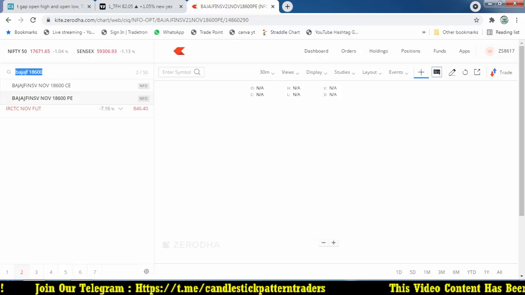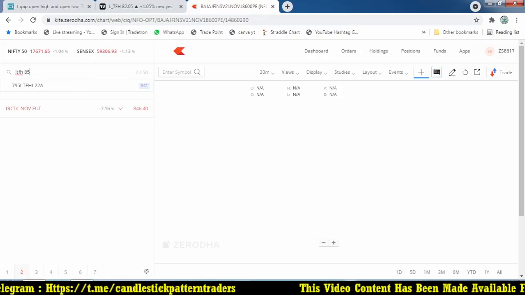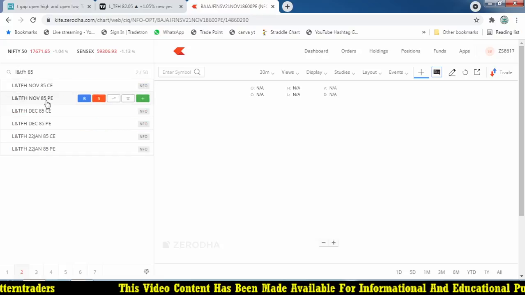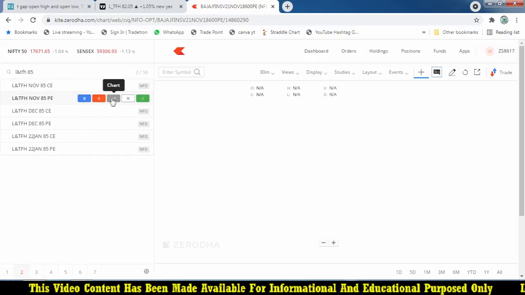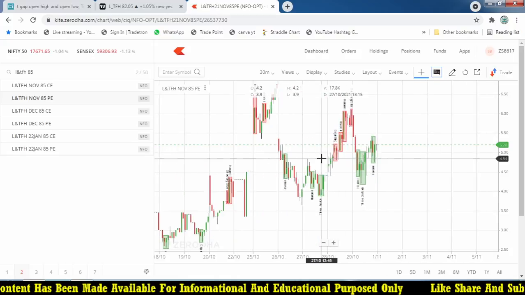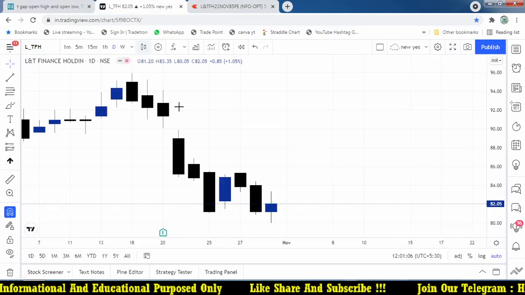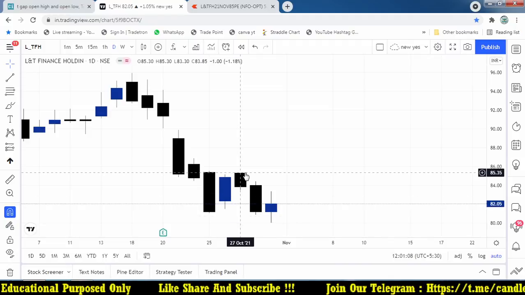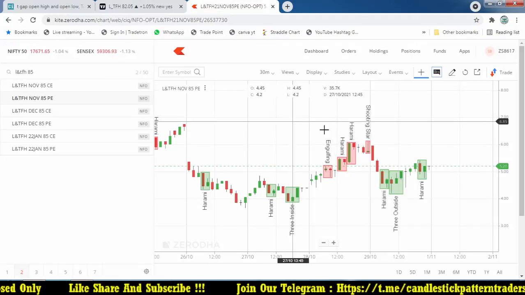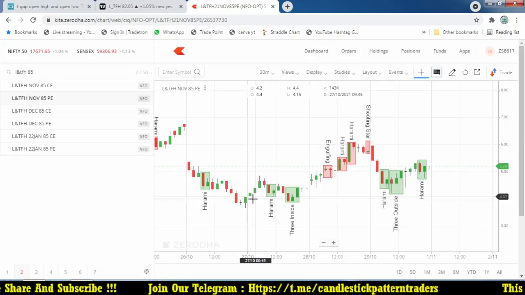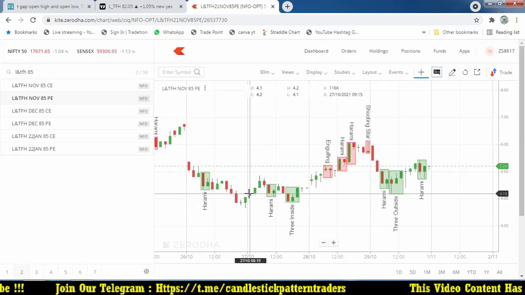So if you take an LTFH 85 put option, it was traded, but at a very high price. The entry date is around the 27th opening, and the option price is around 4 rupees 20 paisa.